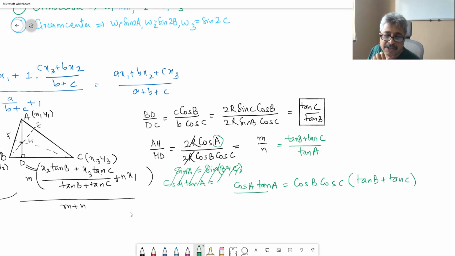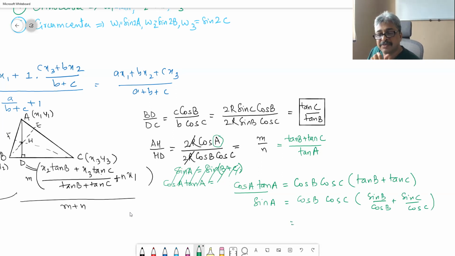Very good. So this is sin A. This is cos B cos C into sin B upon cos B plus sin C upon cos C, right? If I take the LCM, this will get cancelled, and what will be in the numerator?